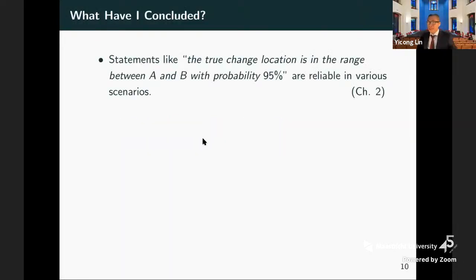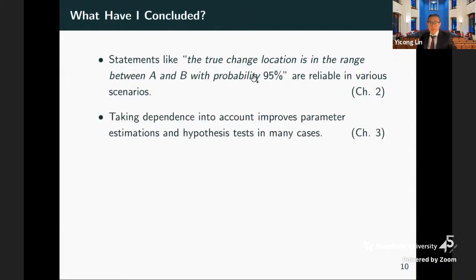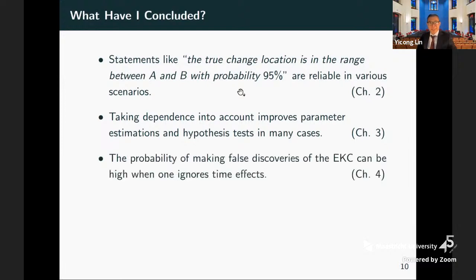We evaluate statements like the true change location is in a certain range with probability 95% using computer simulations. And we find such statements are reliable in many cases. We also find that taking dependence into account improves the performance of parameter estimations and hypothesis tests in many cases, not necessarily all.